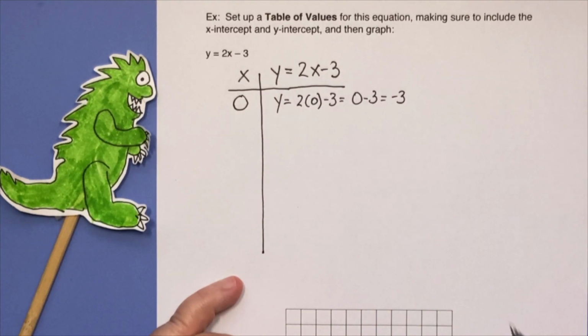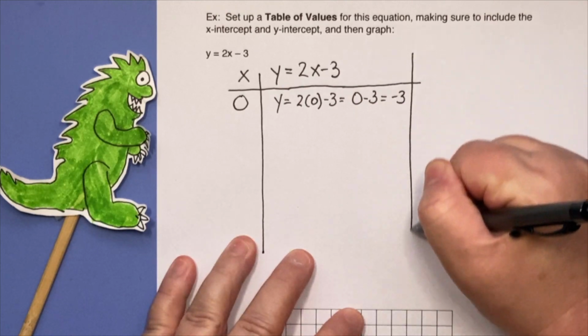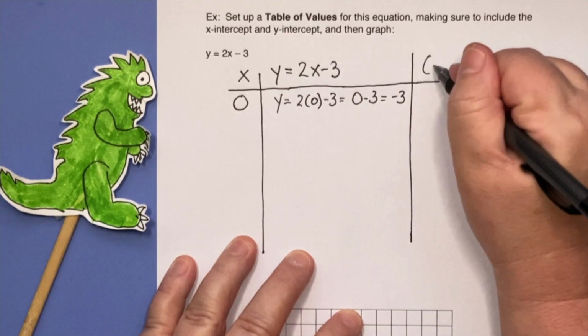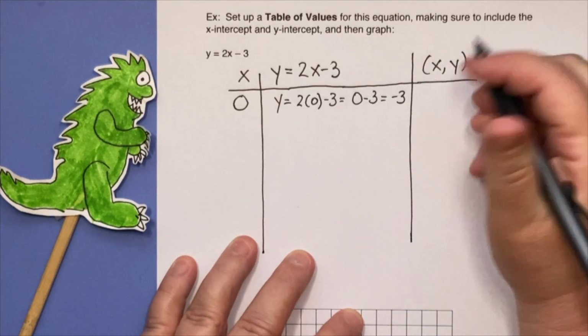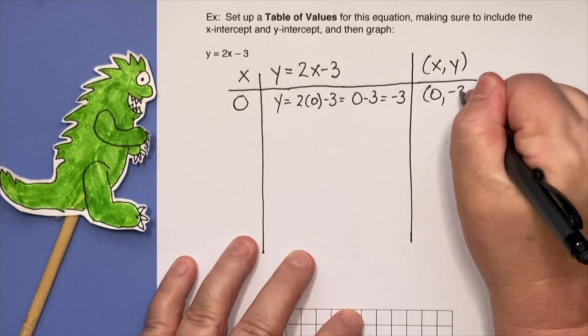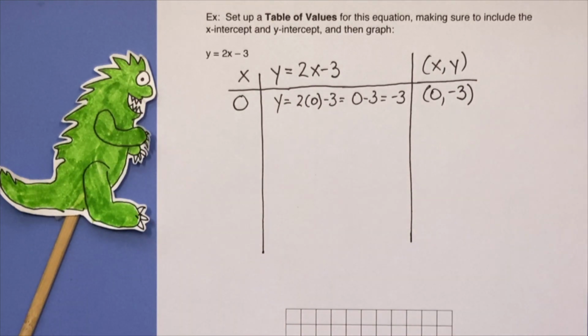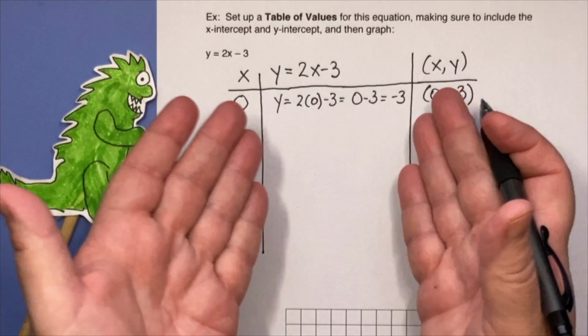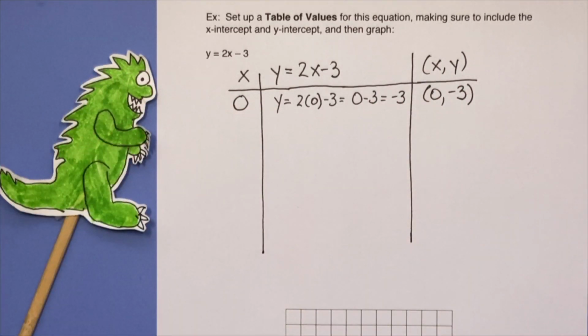And some people even like to extend the table of values far enough so that you actually include the ordered pair. You do not need to do this, but if you find this helpful, you're welcome to do this. This is intended as something you practice now, but then later on, it's maybe a method that helps you graph.